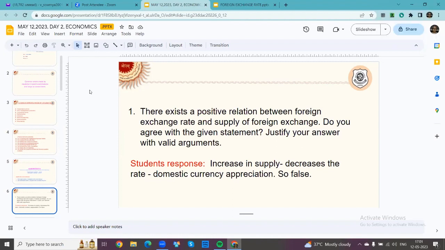Diagrammatically, if they draw the supply curve with the axes mentioned and then explain the diagram, that will become even more valid, I think. But what I would suggest for this is never explain this with a diagram. You may go wrong.